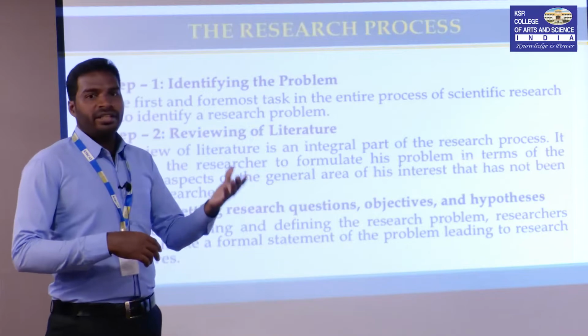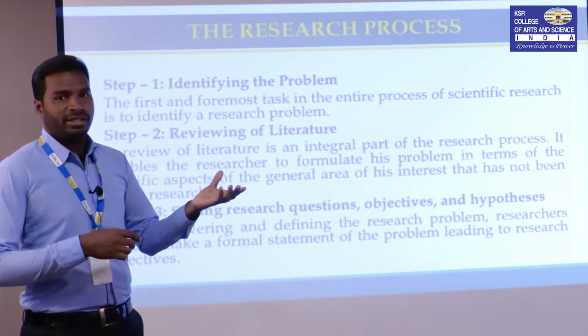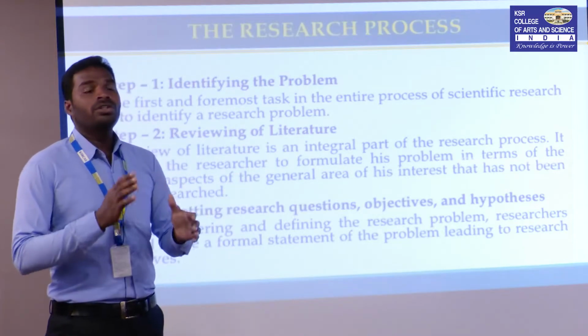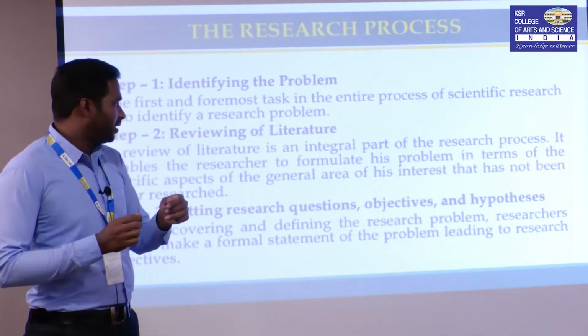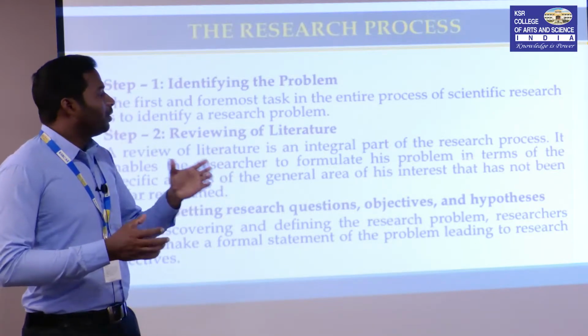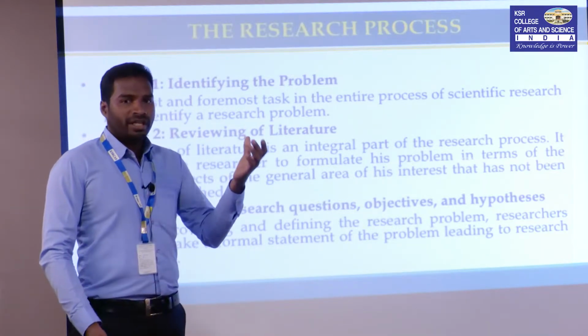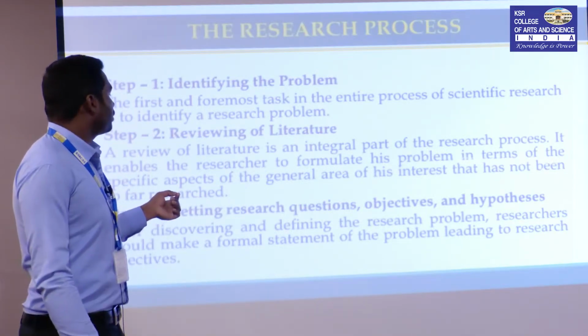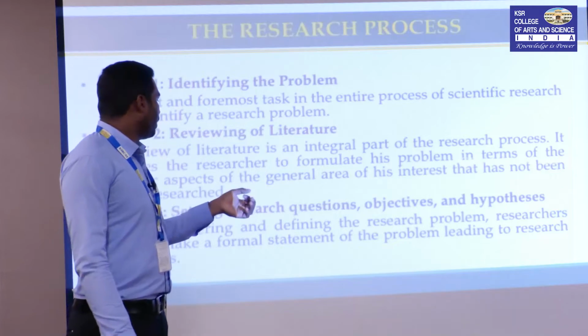We have to collect the data from the already existing information, which helps to frame the solution for the problem that exists. And we have to formulate the hypothesis to match our objectives as well as the hypothesis.